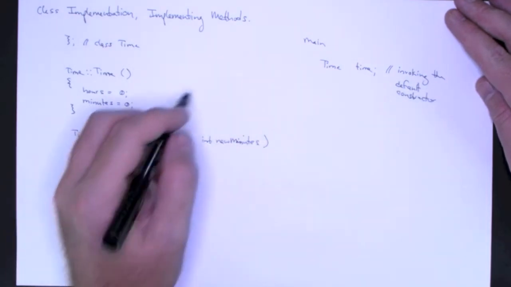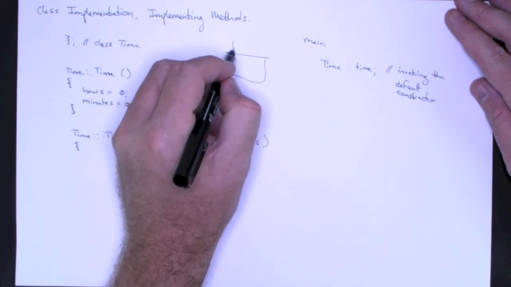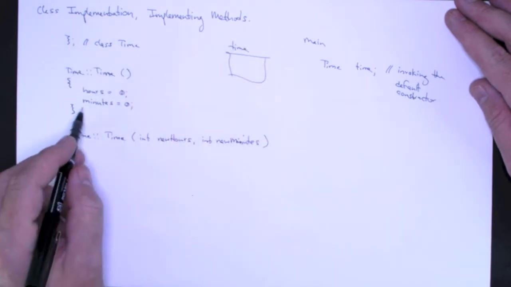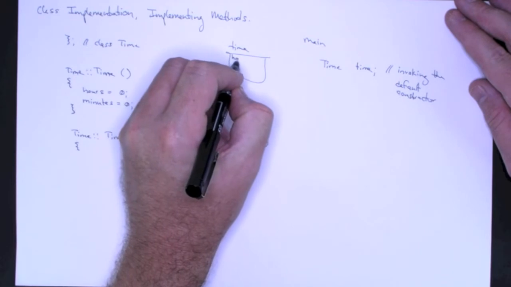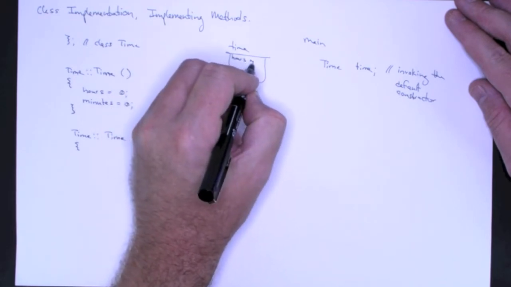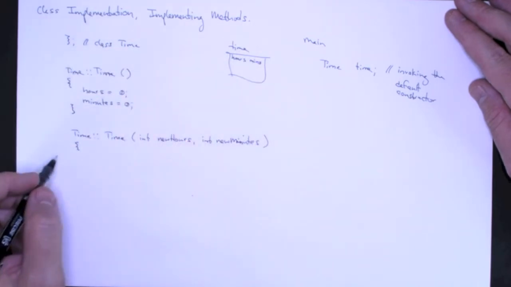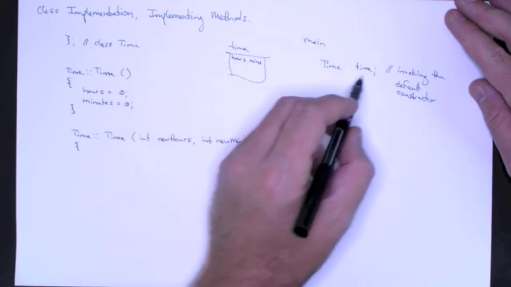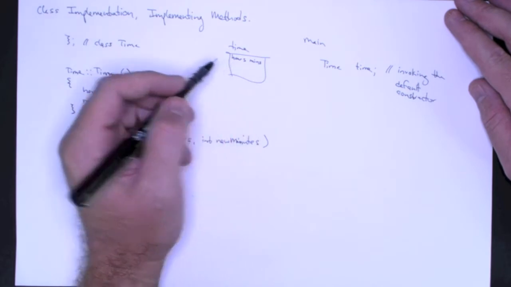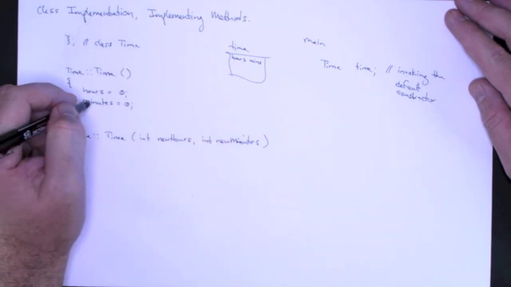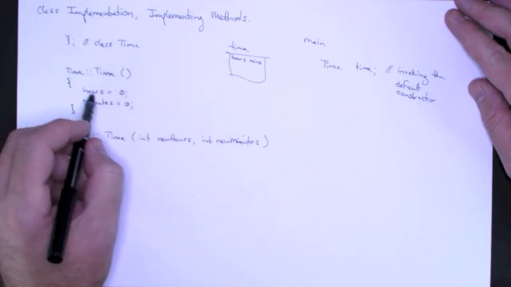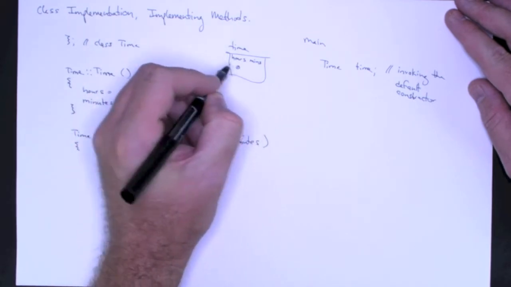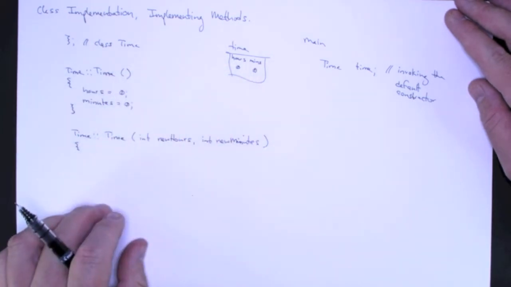And what's going to happen in memory is we get this time object, and it allocates space for hours and minutes. I'm not going to have space to write that out. And once the space for our time object gets allocated, then we execute the default constructor, and that assigns hours and minutes to 0.